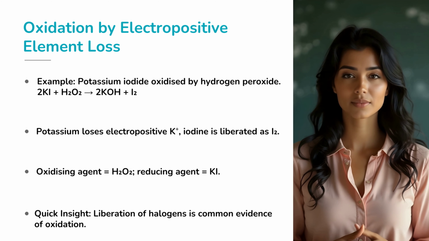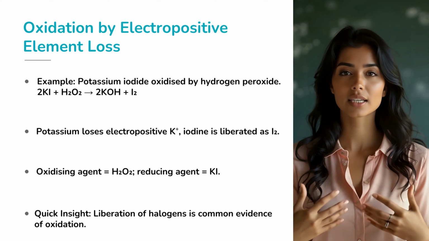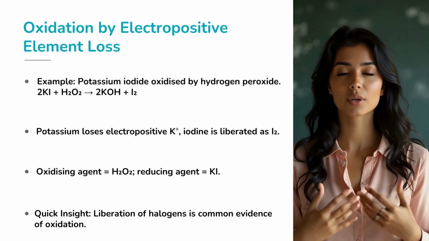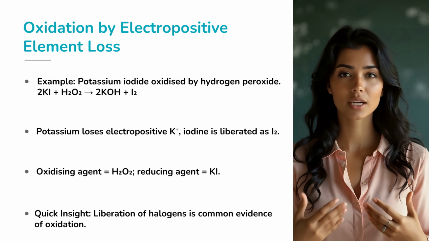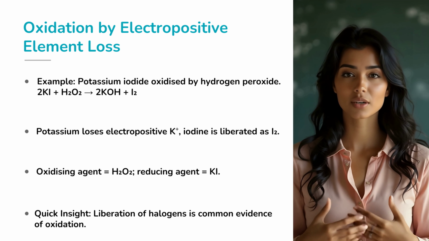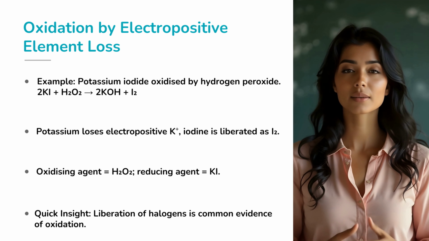Here's a fun one. When potassium iodide reacts with hydrogen peroxide, potassium iodide is oxidized. You could say potassium iodide plus hydrogen peroxide gives potassium hydroxide and iodine. The reaction looks like 2KI plus H2O2 gives 2KOH plus I2.